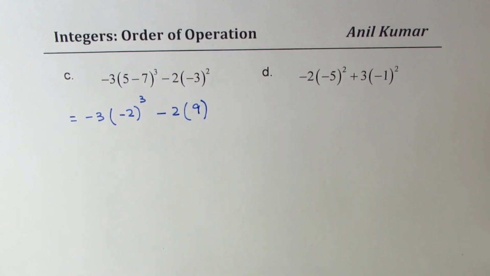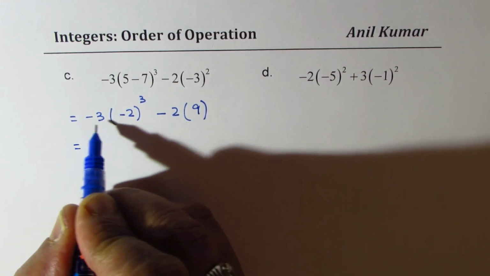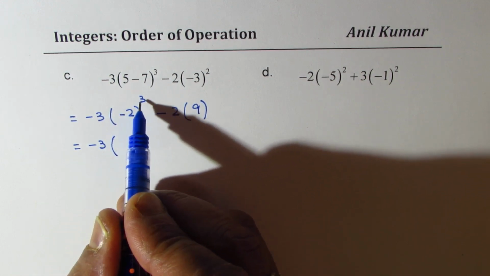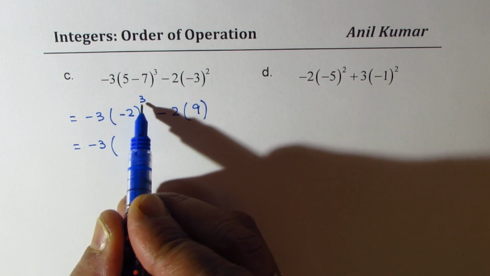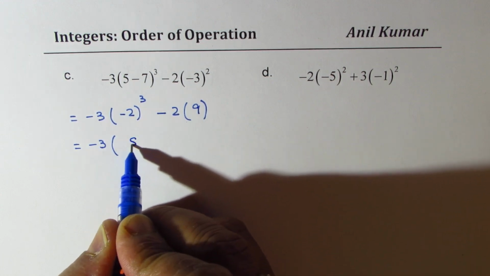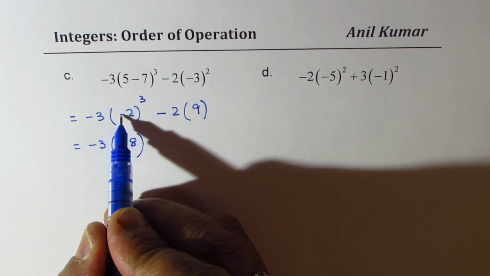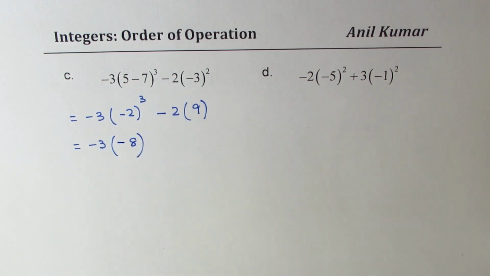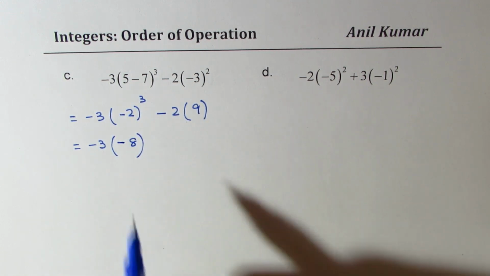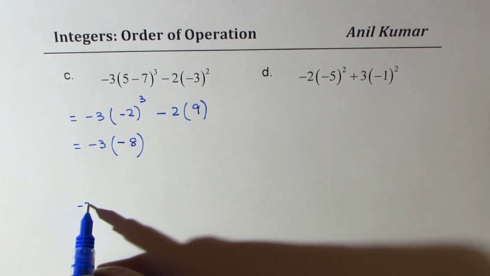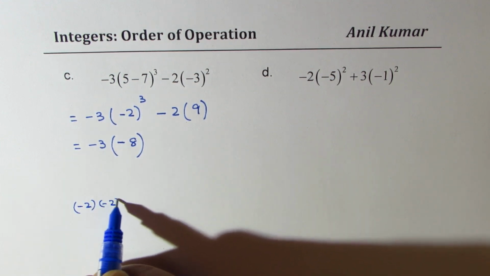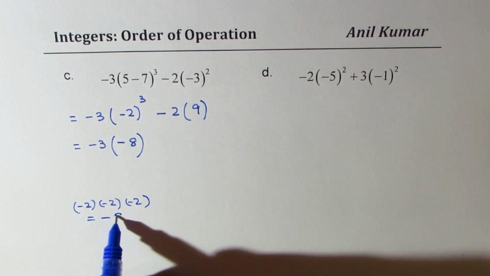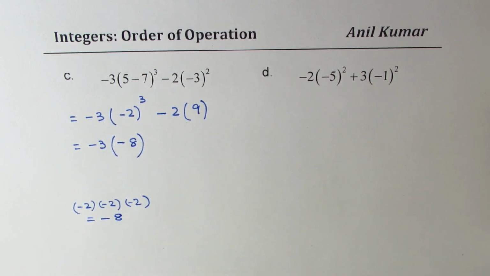We saw it in the last example. Now minus 3 times 2 times 2 times 2 is 8. That is 2 cube, right? So we get 8. Since it is a negative number with an odd exponent, it is minus 8. Is that clear? So what we did here was minus 2 times minus 2 times minus 2, which is minus 8. That's what we wrote.